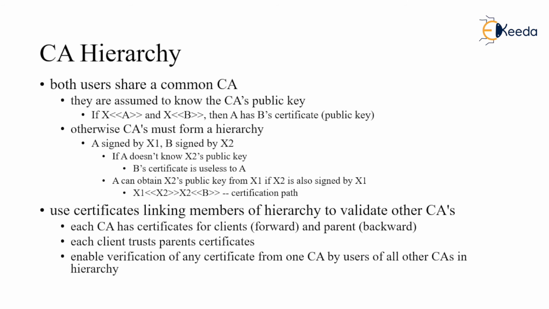Each CA has certificates for clients that are forward and for its parent that are backward. Each client trusts the parents' certificates. Enable verification of any certificate from one CA by users of all other CAs in the hierarchy. That means we have to enable the verification of any certificate, whether it is issued by one CA or by other CAs which are following the proper hierarchy.